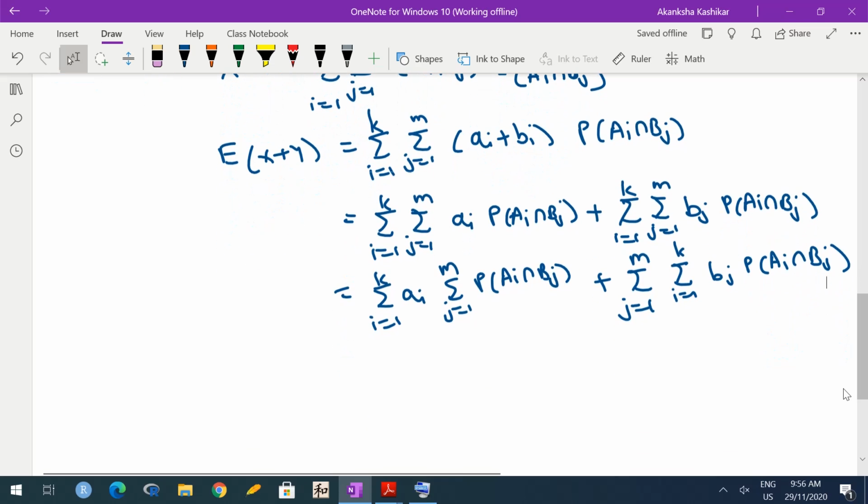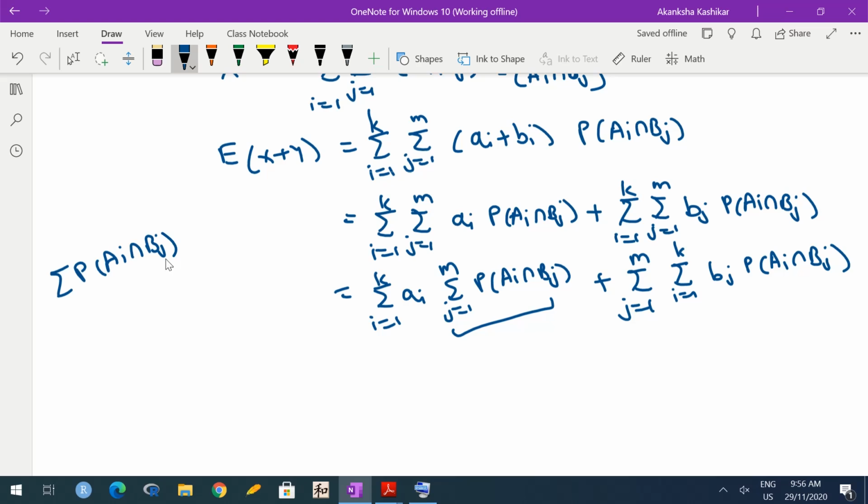Now, what can I say about this sum? What can be said about this particular quantity? See, ai is constant and we are taking the intersection of each Ai with Bj. So in this sum over probability of Ai intersection Bj, because each Bj is disjoint, the Ai intersection Bj's are also going to be disjoint sets.